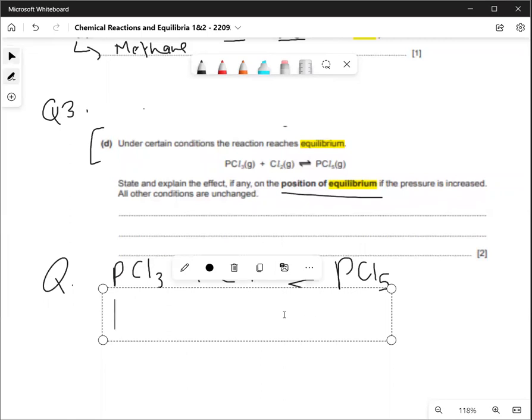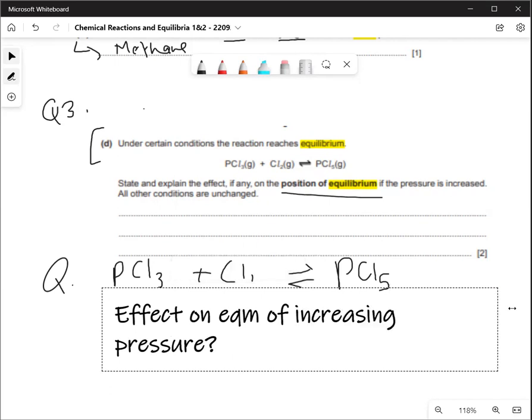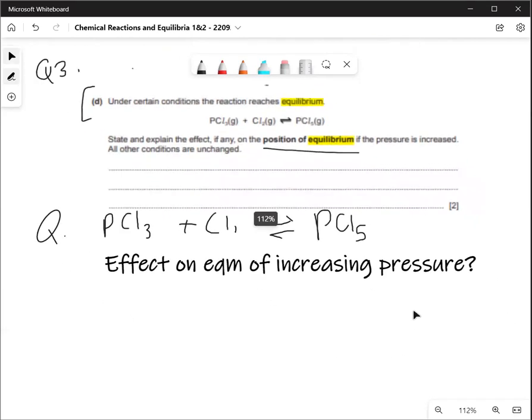Yes? So how do we write it? Please first write this down. Effect on EQM of increasing pressure. This is the question, write it in your notebook. I can't see the book. Oh, yeah, now I can see.